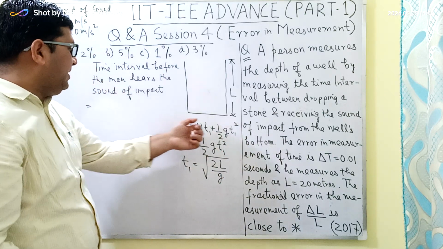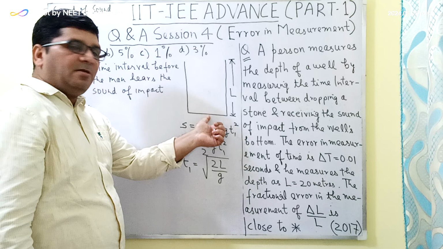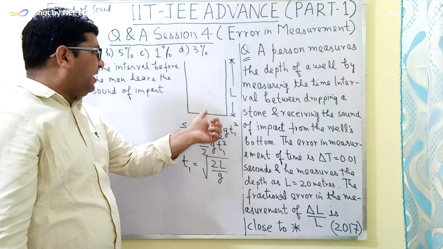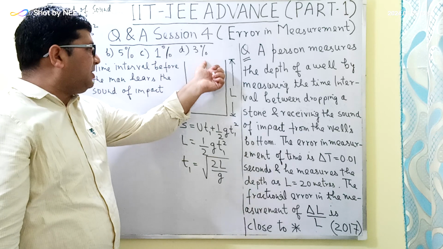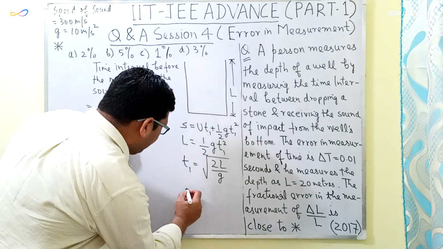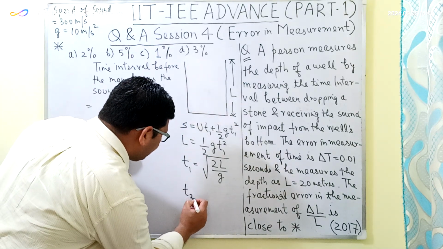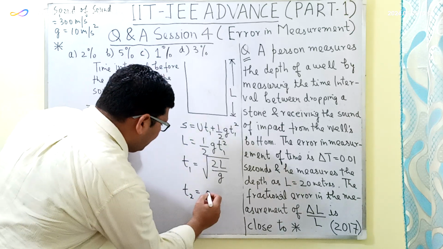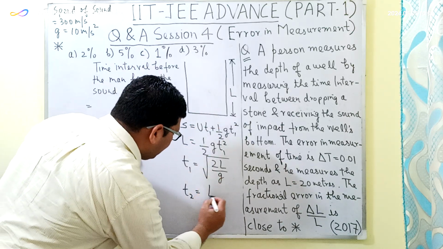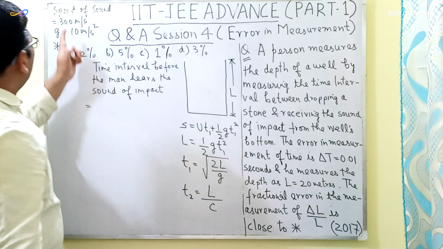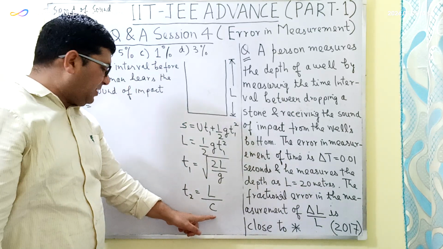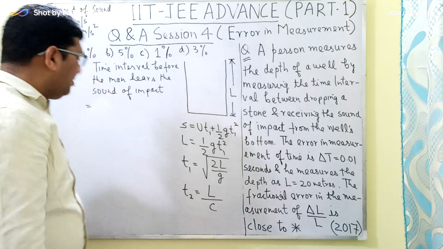Now, after it reaches the bottom of the well, we have to calculate the time taken by the sound to reach the man. So let us say that time is equal to t2. So this will be equal to L, that is the depth of the well, divided by the speed of the sound, which I have taken as equal to c.